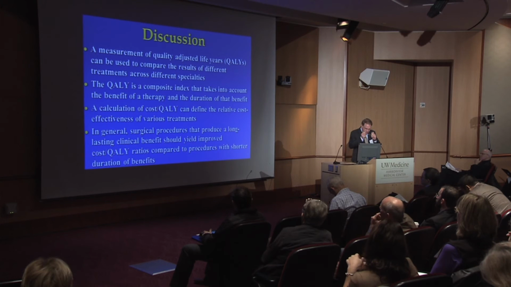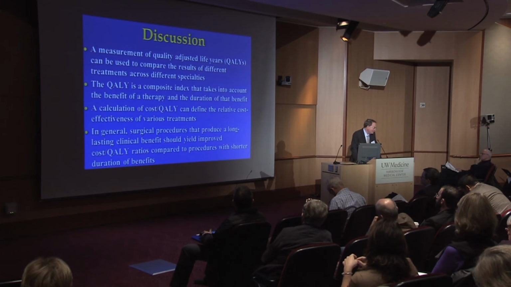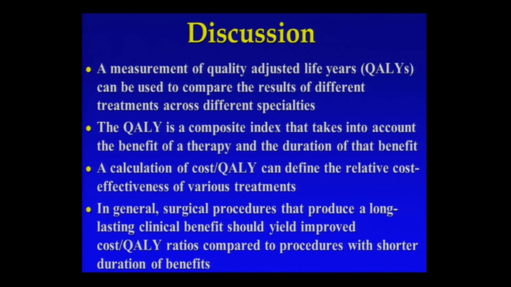Now, Dr. Bellabarba gave us an excellent overview of healthcare outcome measures, especially as pertains to cost. And so we all learned about quality adjusted life years. And indeed, it's a composite index that can be used to compare various interventions.